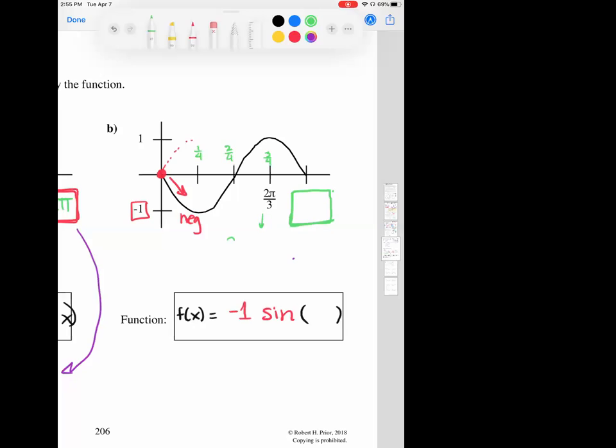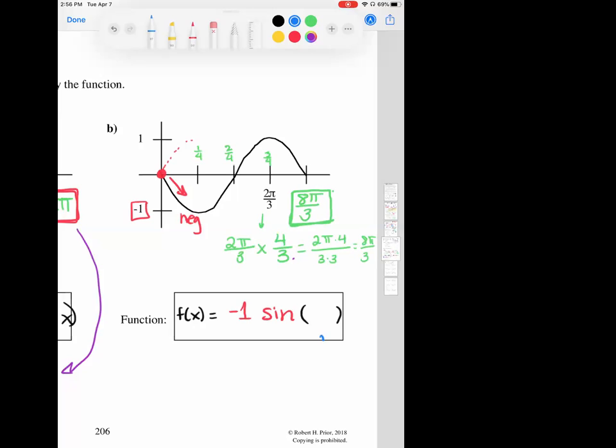So I'm going to take that 2 pi over 3 and multiply it by 4 over 3, which is the reciprocal of 3 over 4. Let's go ahead and multiply across since nothing really divides to make 1. We're left with 2 pi times 4 over 3 times 3, which gives us 8 pi over 3. So our period is 8 pi over 3.